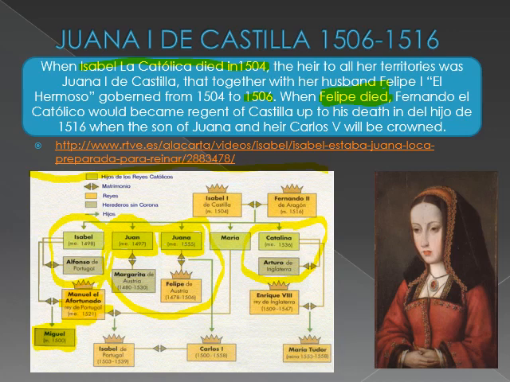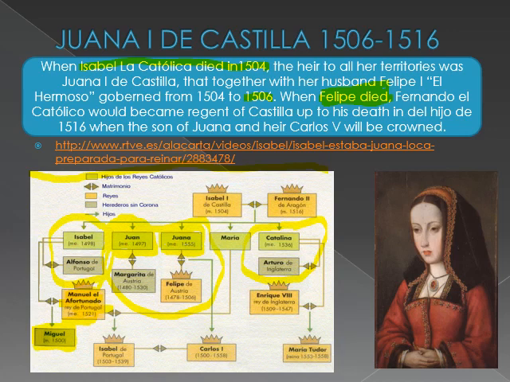That means he was only King of Castilla due to the matrimony with Elizabeth. Once Isabel la Católica, Elizabeth, died, he was no longer the King of Castilla. And Castilla had to be governed by the next heir, who in this case was Juana.